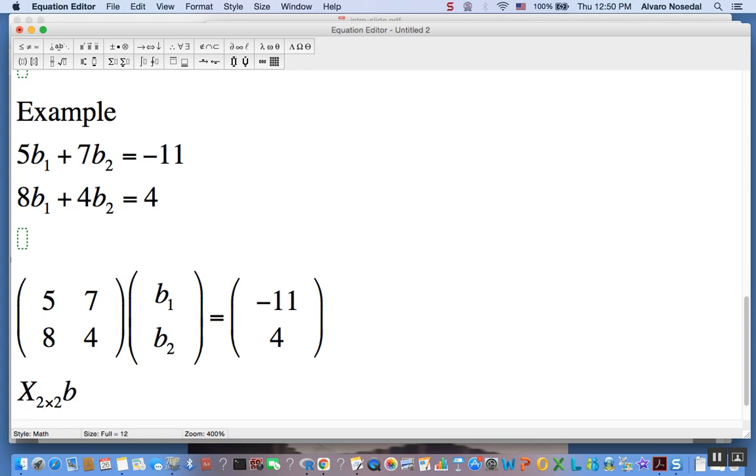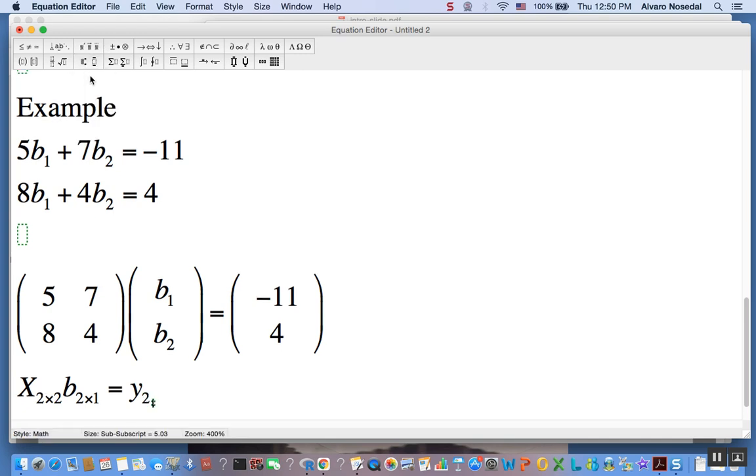Now vector b, dimensions 2 by 1, equals vector, let me call this one here minus 11 for y. I'm going to be using a y to refer to that 2 by 1 vector.